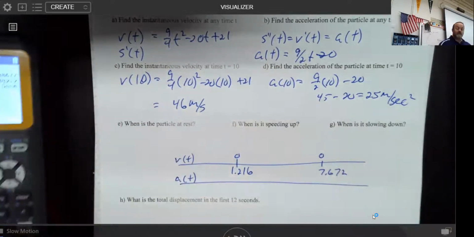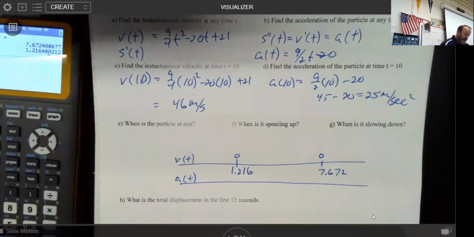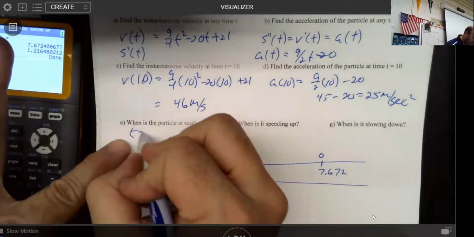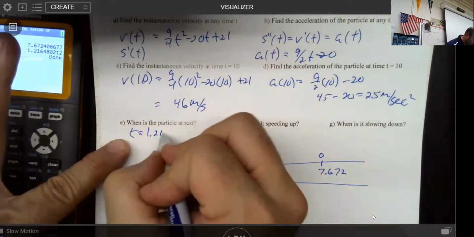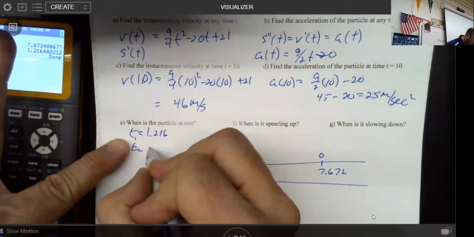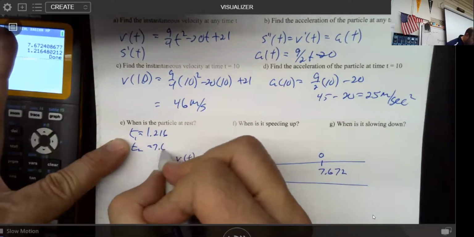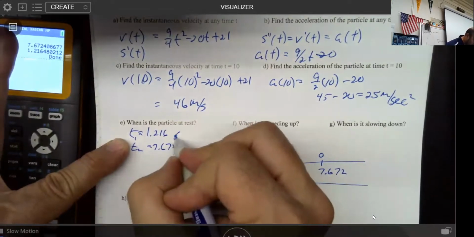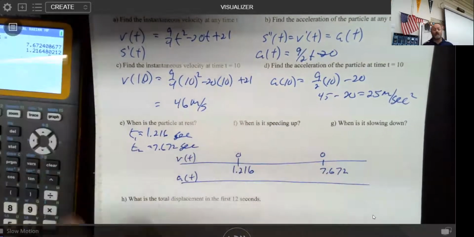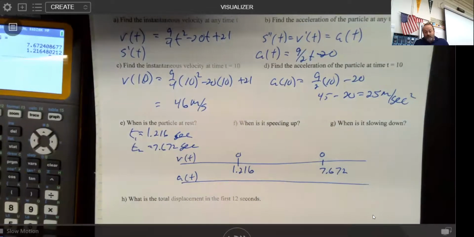Those are the two times when the particle is at rest. So we could write that right here: t1 equals 1.216, t2 is 7.672 seconds.